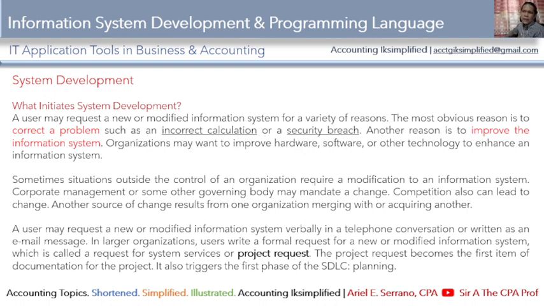Pero medyo madami siyang mga lapses, madaming mali-mali doon sa existing system. So that the user may request something for a new or modified information system, either to correct a problem because there are incorrect calculation or nagkaroon ng security breach, o kaya naman to improve the information system. Okay? An organization may want to improve hardware, software, or other technology to enhance an information system.